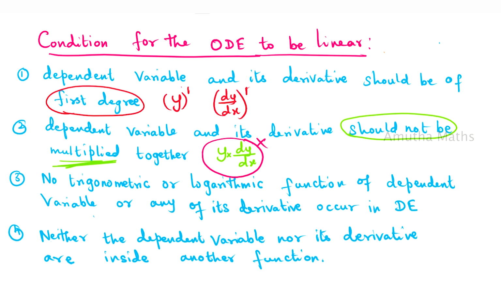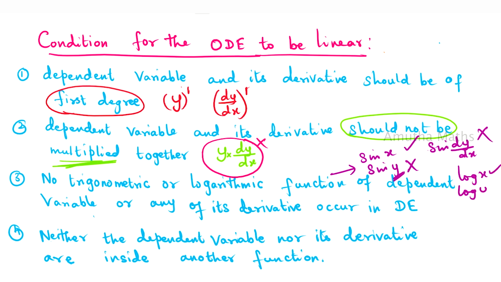Then the third condition is that no trigonometric or logarithmic function of the dependent variable or any of its derivatives occurs in the differential equation. For example, sin x is allowed, but sin y is not allowed, because y is the dependent variable.